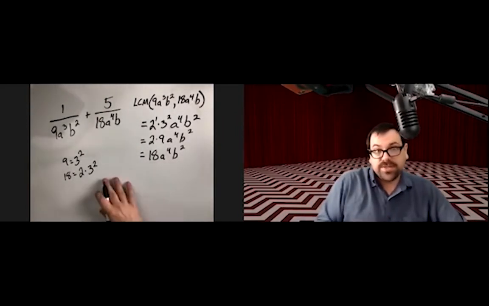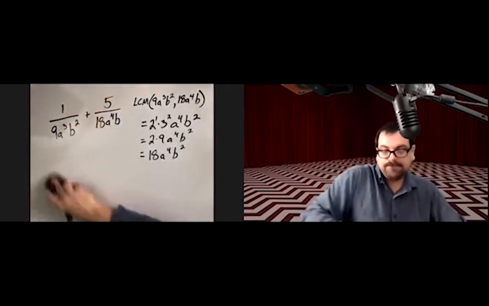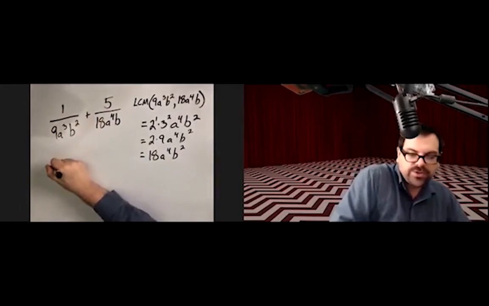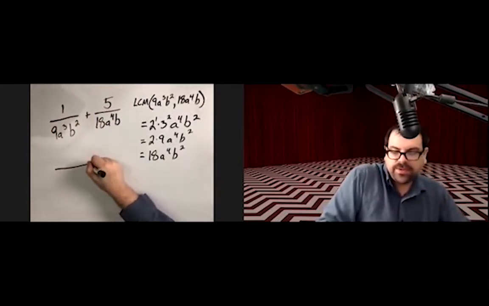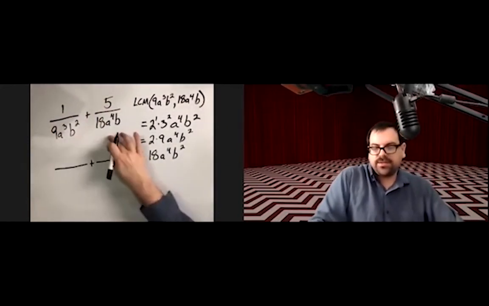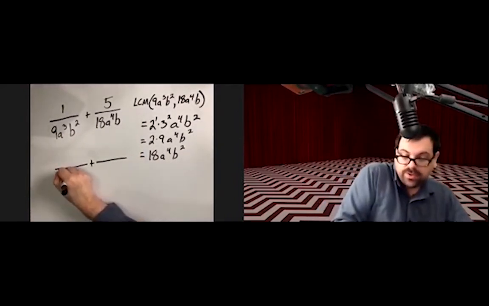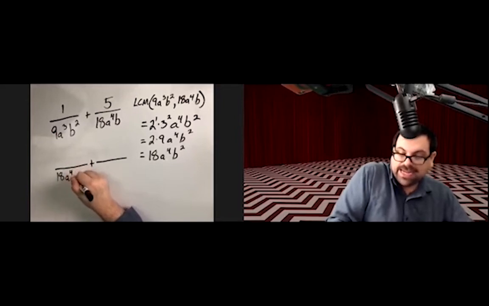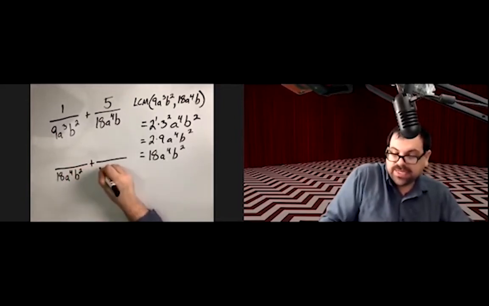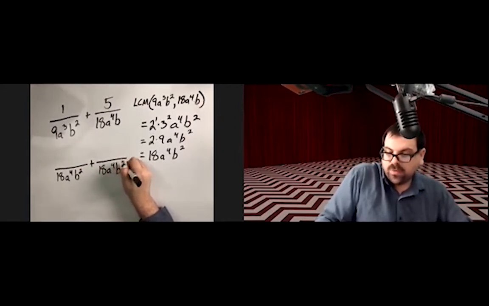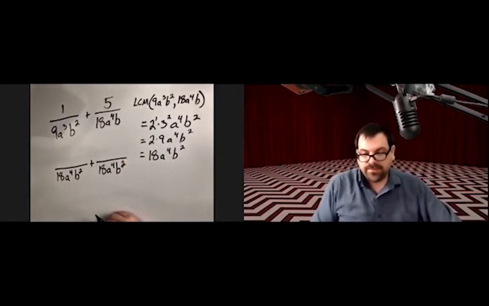Watch what we do, because we haven't done one like this yet. We're going to rewrite each of these fractions so that they both have denominators of 18a to the fourth b squared.